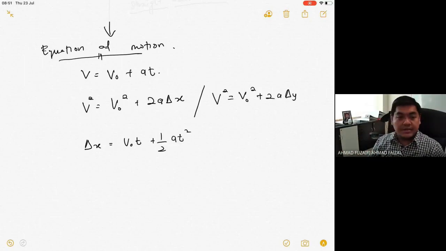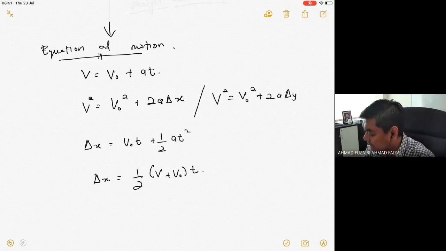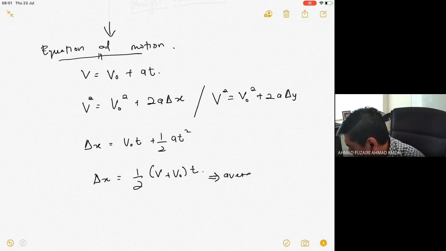So these three equations are very important in motion. When you deal with motion in one dimension, we should establish these three equations. Of course, there is another one, delta X equals half V plus V naught times T. The last one should be remembered because it is related to average velocity.